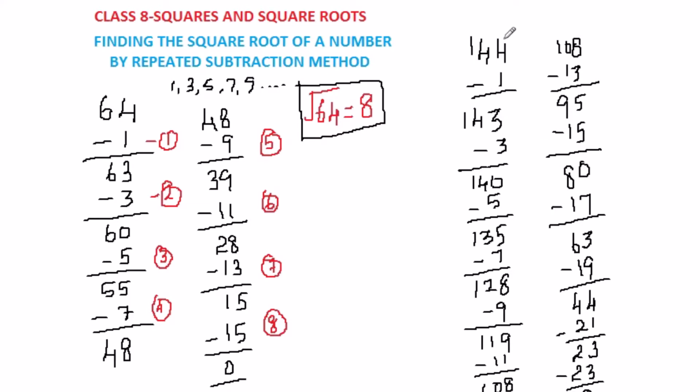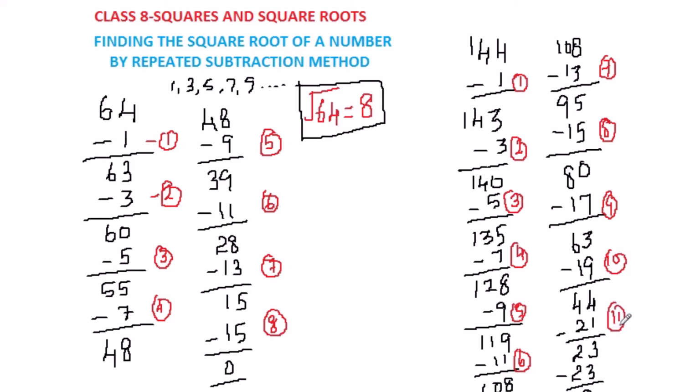Now count the number of times this is being subtracted. 1, 2, third time, 4, 5, 6, then the 7th time is 13, the 8th time is 15, the 9th time is 17, likewise 10, 11 and 12.